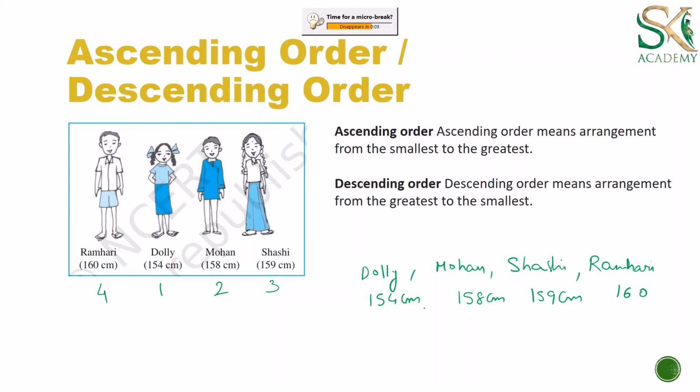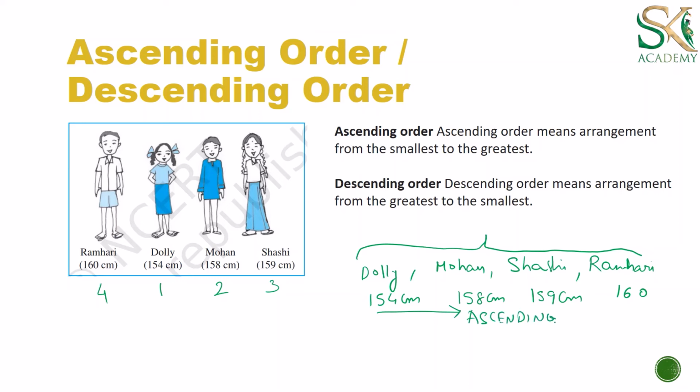Because Dolly is 154 centimeters, Mohan is 158 centimeters, Shashi is 159 centimeters, and Ram Hari is 160 centimeters. When you write in the increasing order, we call it ascending order.